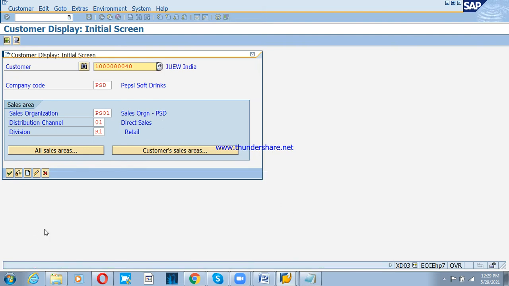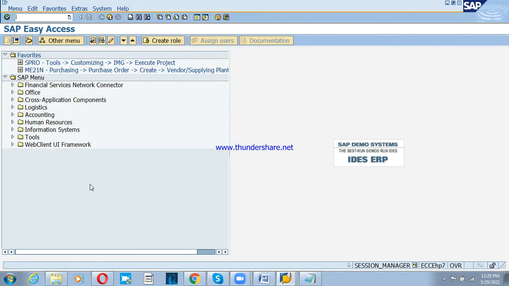Okay, for that I need to do some configurations in the background, as we discussed centralized, how to create the centralized customer, right? Centralized customer means we need to assign the partner determination.